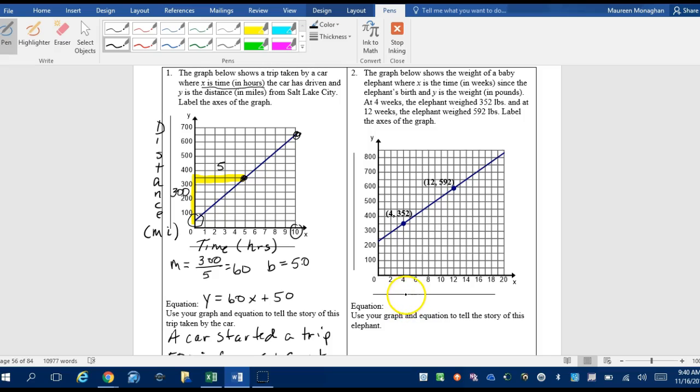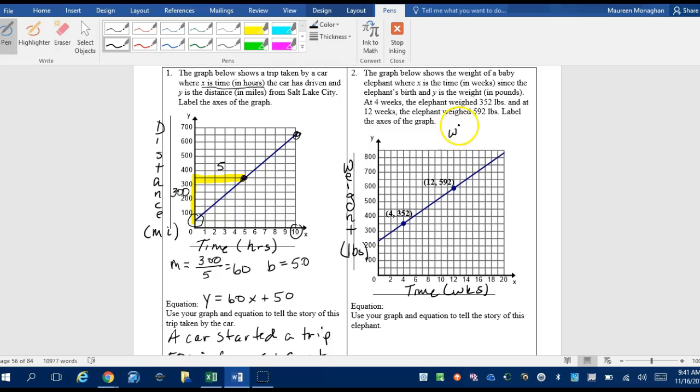Okay, graph, x, time, and this is in weeks. And this is weight. Can you imagine holding that? I guess you couldn't. Pounds. We'll abbreviate pounds. Okay, looks like we've got weeks, pounds.